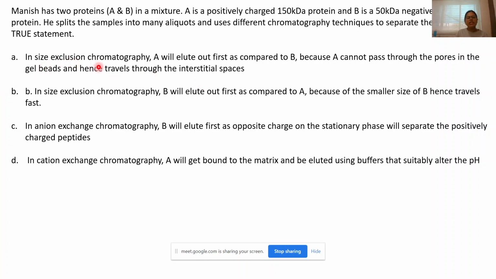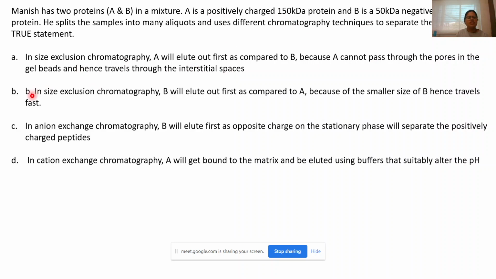So in size exclusion chromatography, the molecular weight of A is more than B, 150 kilodalton. So A will elute out first as compared to B, because B is a smaller molecule and can interact with the gel beads, whereas A, being a bigger molecule, will pass through the interstitial spaces. So this is the correct option.